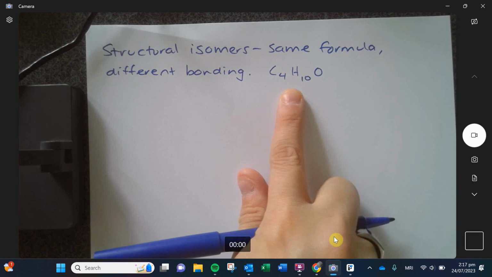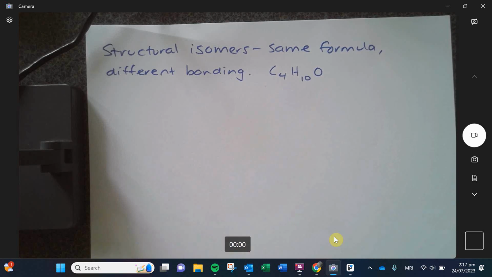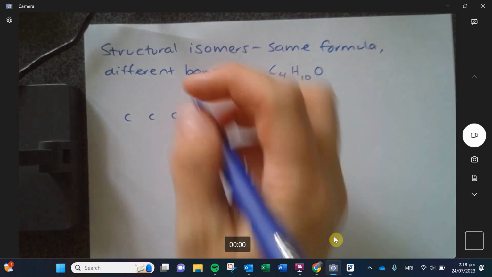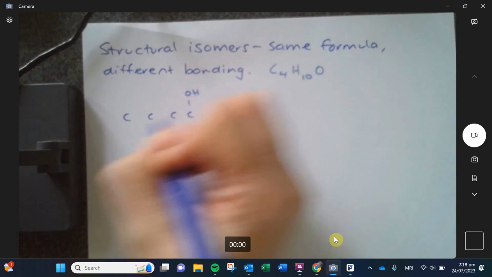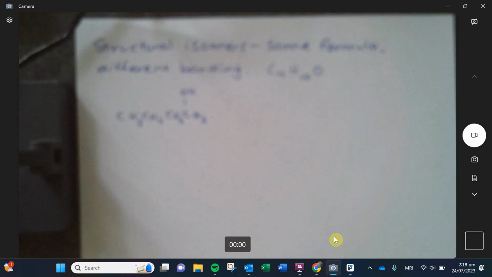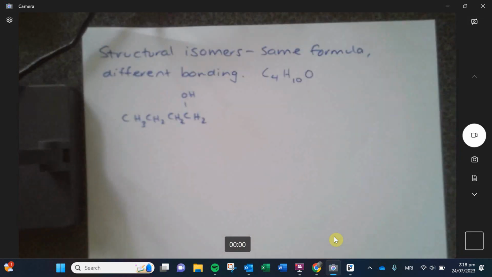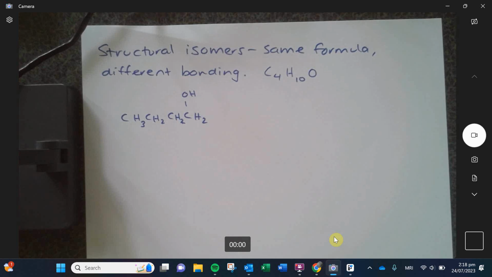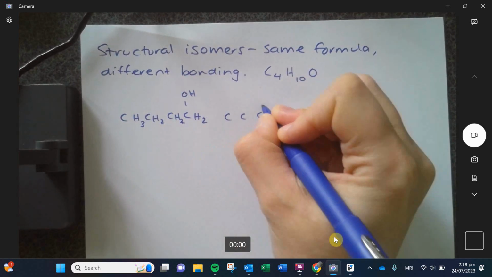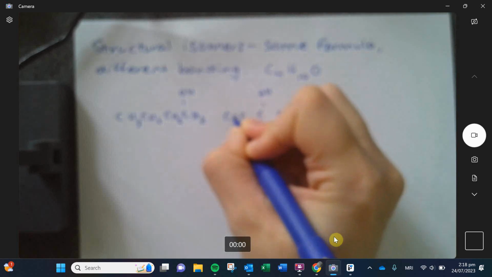There are multiple different ways that I could arrange those atoms. I could, for example, have 4 carbons in a row, the alcohol on the end. So that's one version of my molecule. I could also move the alcohol down onto carbon number 2.